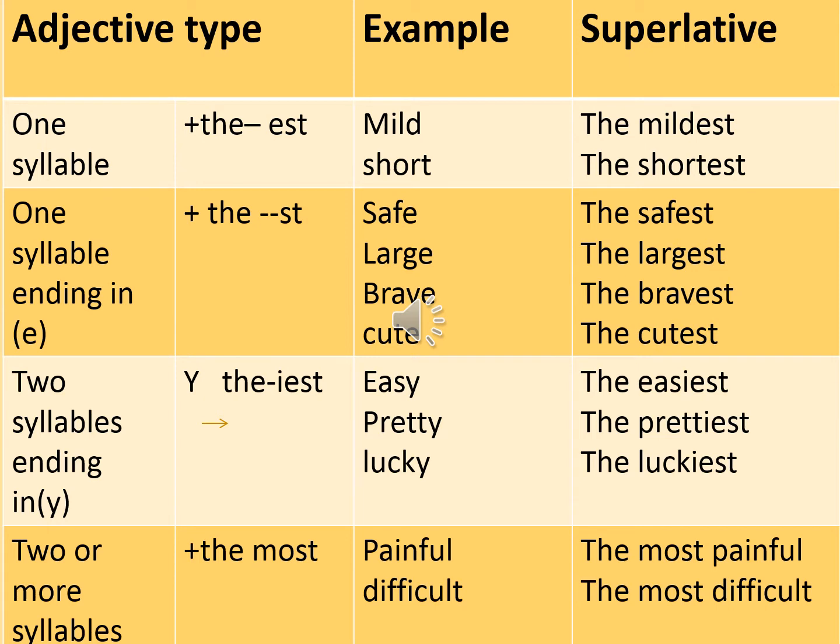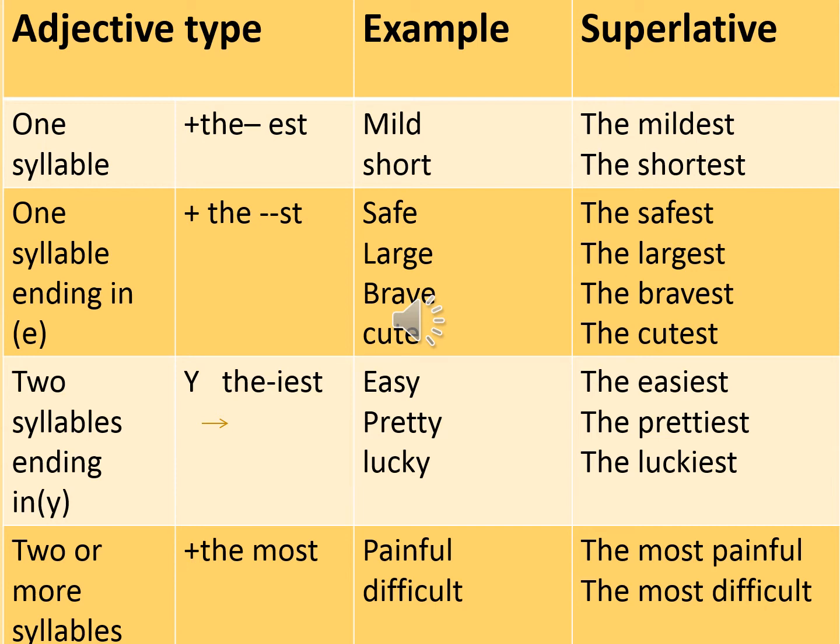If the adjective has two syllables ending in y, y becomes i, then we add est. So we add the before the adjective, then the adjective, then we add est.